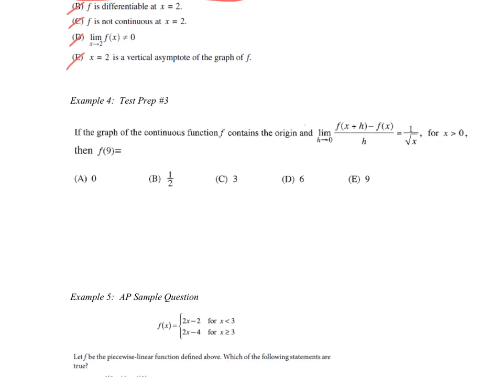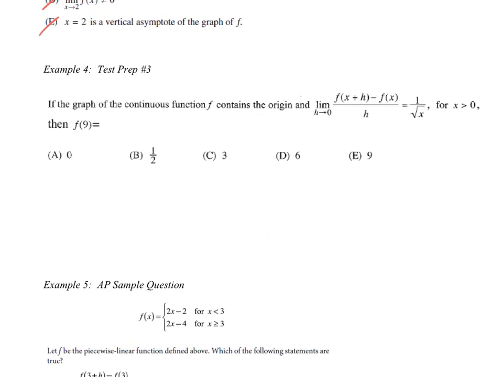All right, we have example 4, which is another definition of the derivative, and this one is using h again. So remember, the limit definition is equal to f prime of x. So what they're doing in sort of a fancy way is they're telling you what the derivative is.